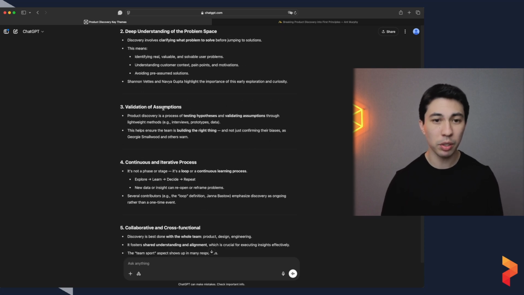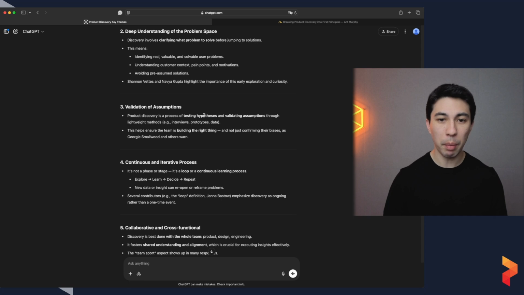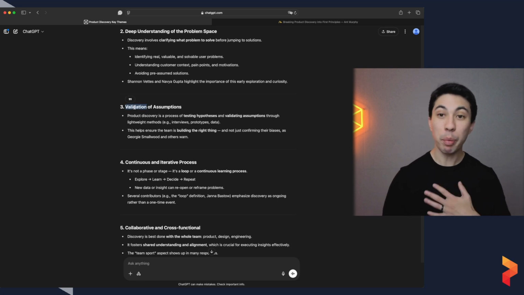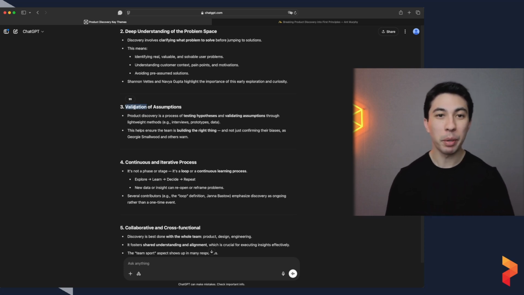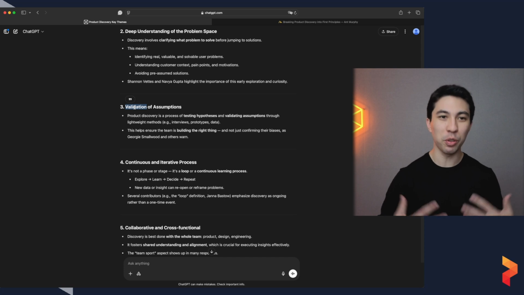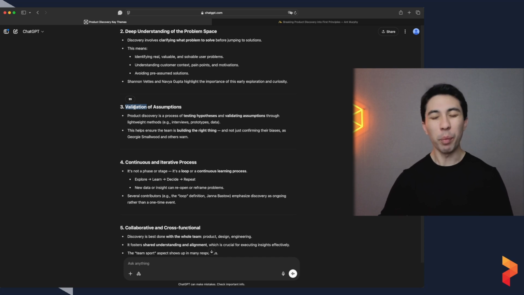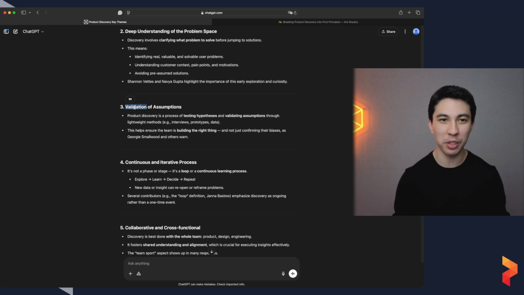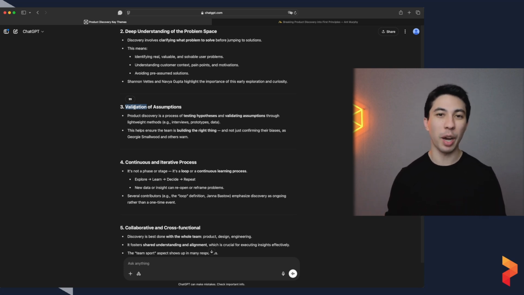Validating assumptions. Definitely a theme I picked up about testing hypotheses and validating assumptions, or testing assumptions at the very least. I personally don't like the term validation because I don't feel like we do any actual validation in product discovery. When I think validation, I've talked to my friend who's a scientist about this, I think of what he does, actually trying to work out what is factual versus what is not. We can't do that in discovery.